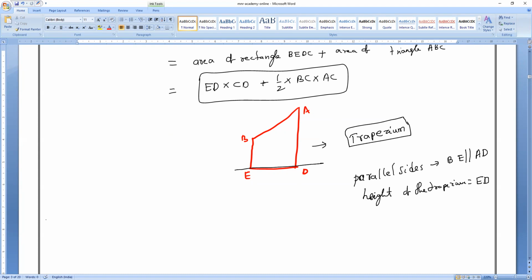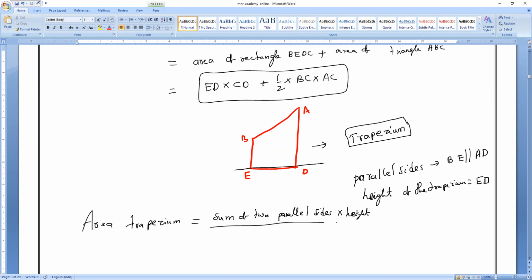So now I will directly say the formula. Remember, area of a trapezium is equal to, formula is, sum of two parallel sides into height divided by 2.